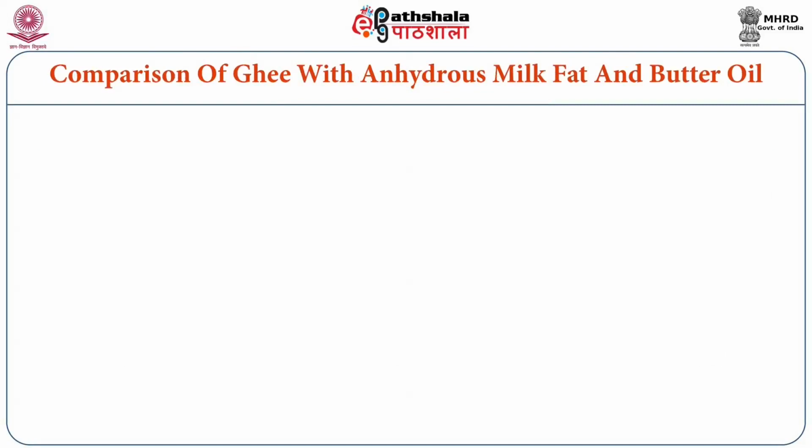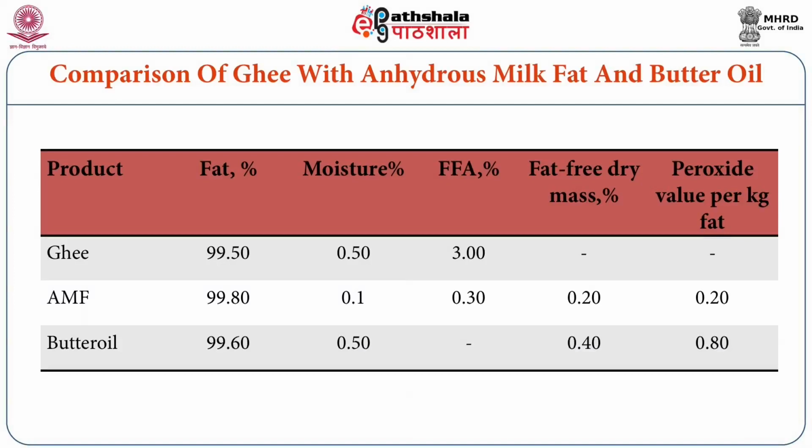This table shows you the comparison of ghee with anhydrous milk fat and butter oil. Now let me tell you what this anhydrous milk fat and butter oil is. You must have heard about recombined milk, where to the water we add, number one, a fat source, which can be AMF, that is anhydrous milk fat, and you also need an SNF source such as skim milk powder.